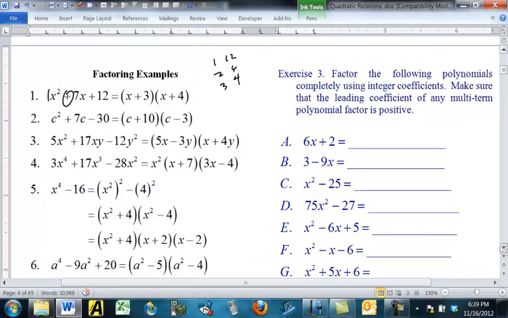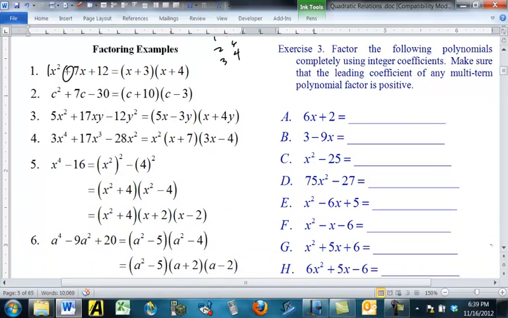Let's see the next one. 5x squared plus 17xy minus 12y squared. We're going to split the x's and y's up, so each one has got an x and a y term. 5x squared, the only way we're going to get that to work out is going to be 5x and x. We got several possibilities for the 12y squared. We got to split the two y's up, but we can do 1 and 12, 2 and 6, 3 and 4.